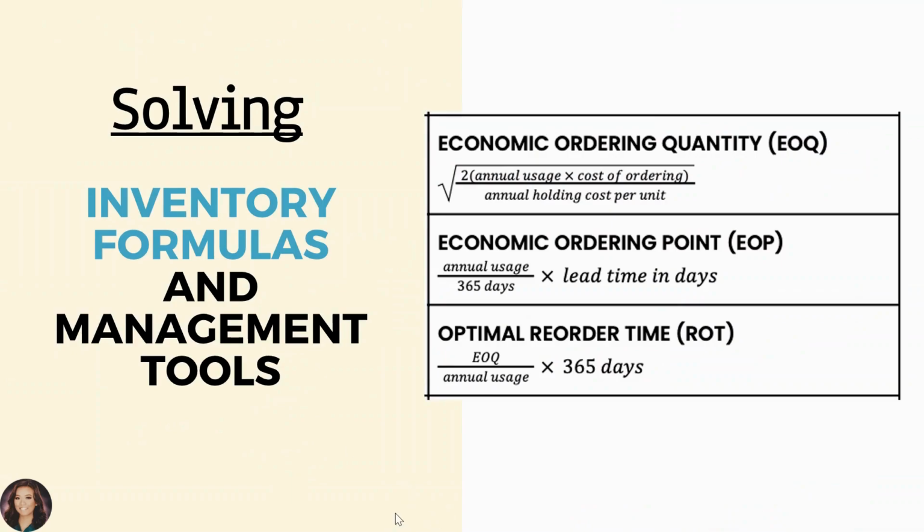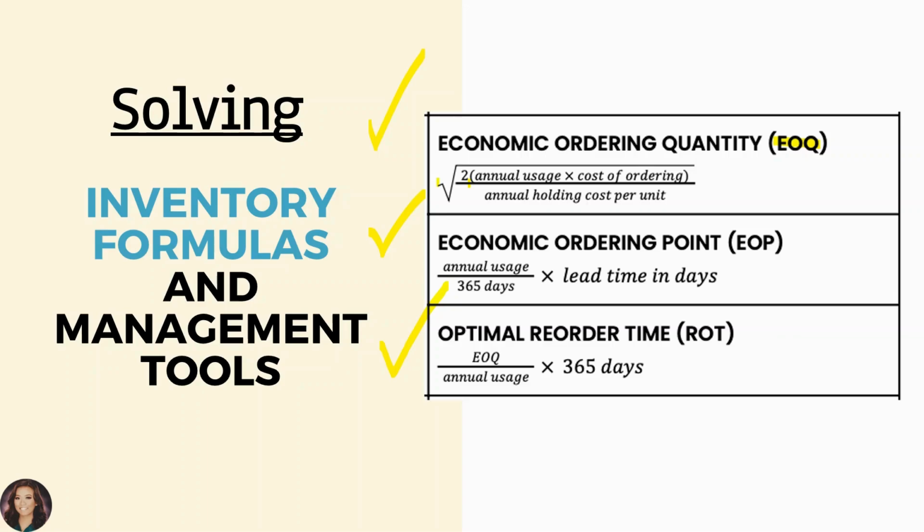Okay, so for the solving part, we have the following formulas. So we have three: EOQ, EOP, and then ROT. Okay? So for EOQ muna, meron siyang square root. So you're going to get the square root of 2 multiplied to the annual usage times the cost of ordering divided by the annual holding cost per unit.